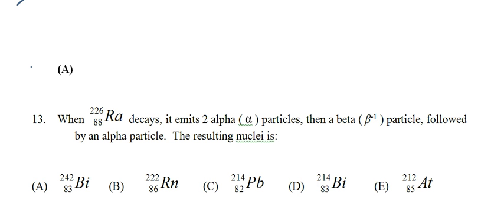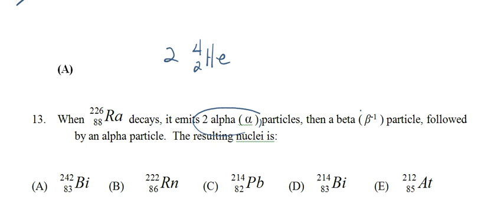All right, number 13. When radium 226 decays, it emits 2 alpha particles, then a beta, followed by another alpha particle. The resulting nucleus is, so when we do this, make sure that, again, we're keeping track of what these things are. So an alpha particle is a helium atom with no electrons. So we have 2 of those.